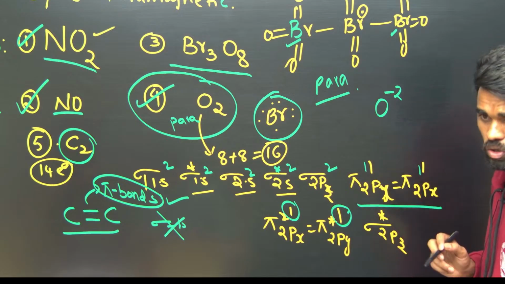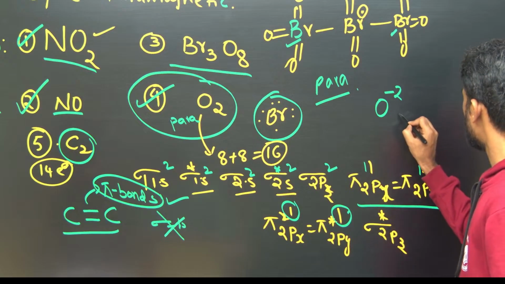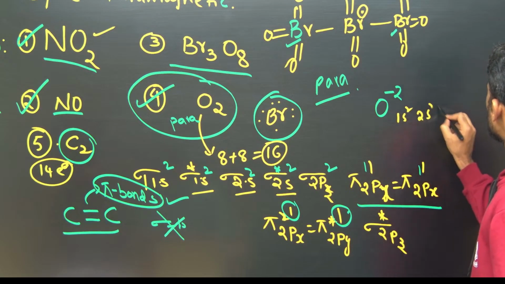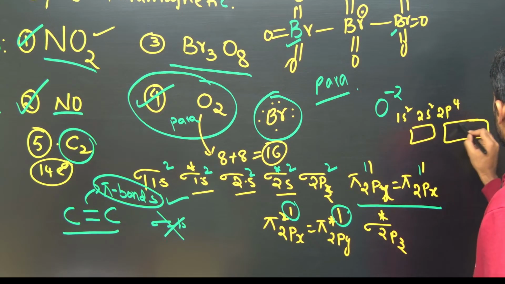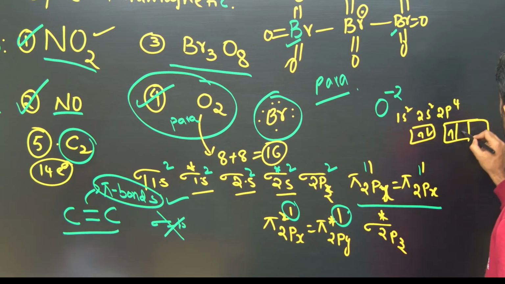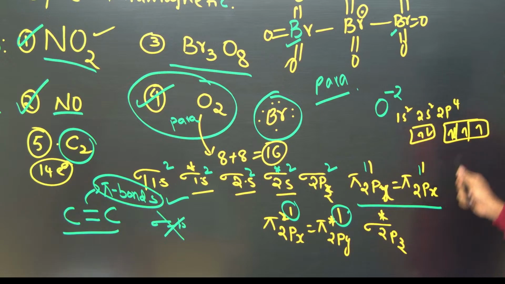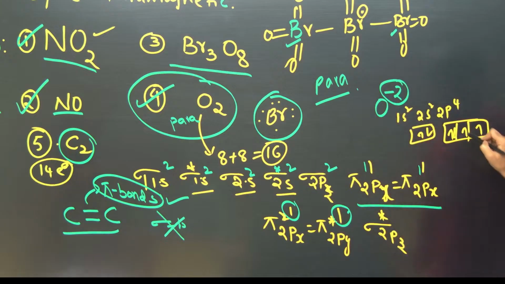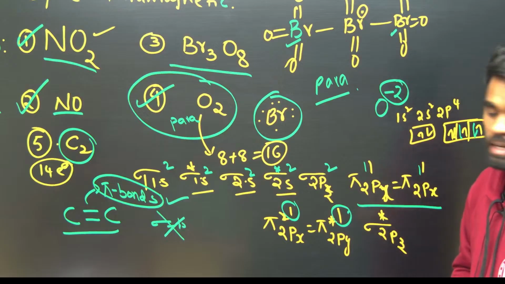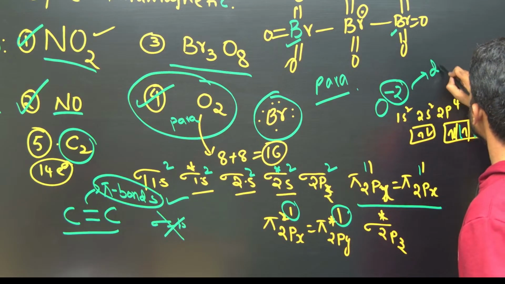So the total electron count is 8. I can write 1s2, 2s2, 2p4. So 2 electrons, 3, 4 electrons like this. 2 unpaired electrons are there. See, we are adding 2 more electrons, so that will also be filled here. If we fill it, it is completely filled, therefore it will be diamagnetic.